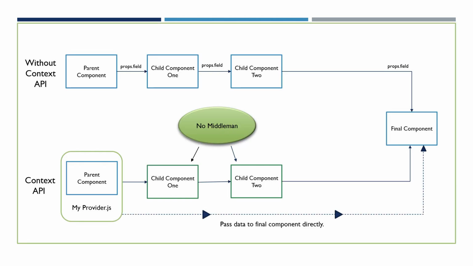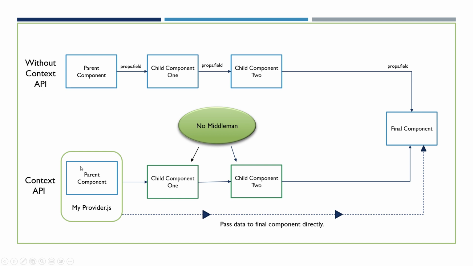So look at this example: without context API and with context API. Without context API, let's assume this is the parent and you need to pass data to the final, nested component. You need to pass the property to the child component, then to the second child component, then to the third, and so on, and then you can reach it here.